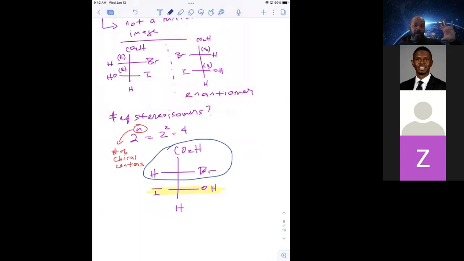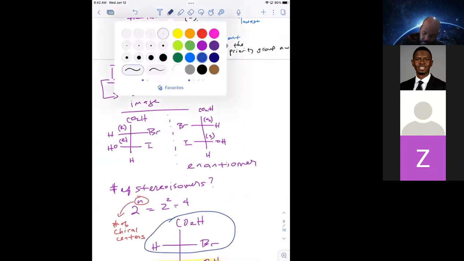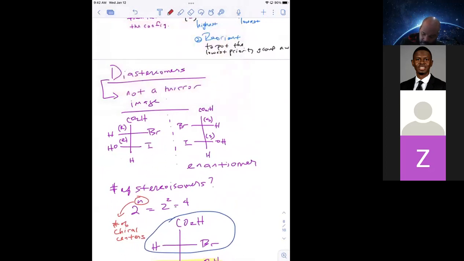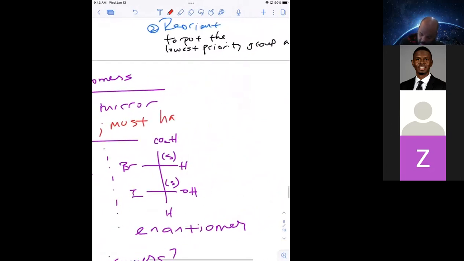Whatever the configurations are in the initial isomer, which was RR, for the enantiomer everything changes because it's the mirror image. So it's not a mirror image. And you must have at least two stereocenters in order for diastereomers to be possible.